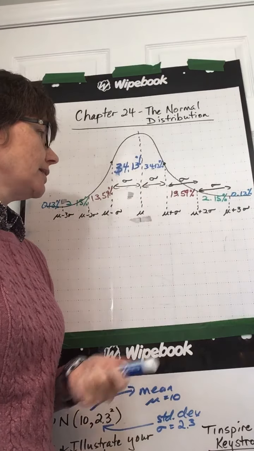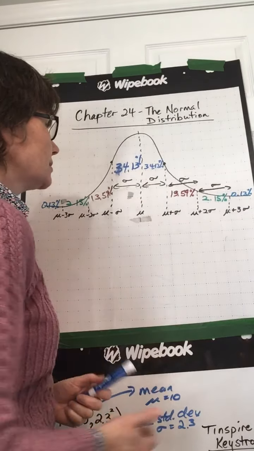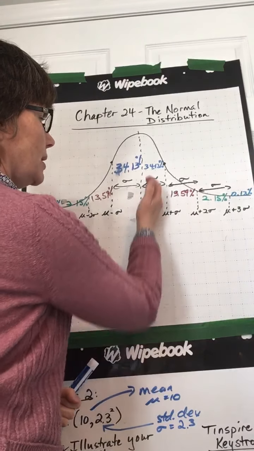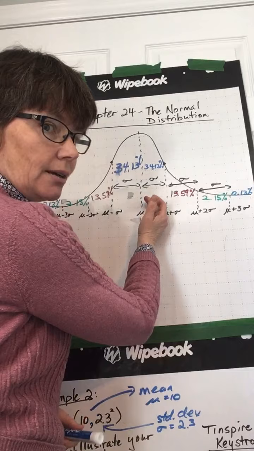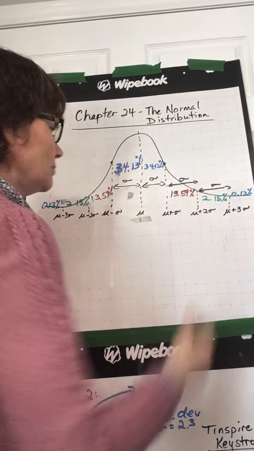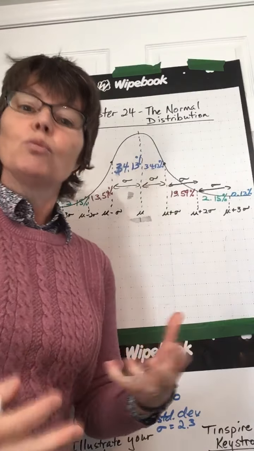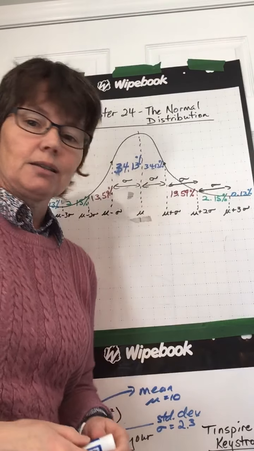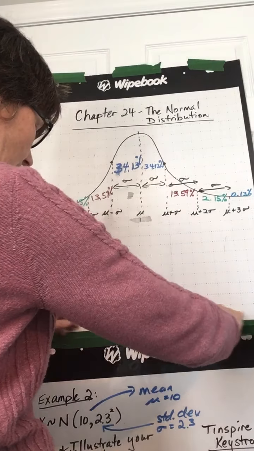If we want anything else in between, say the mean plus 0.3, and we don't know what the standard deviation is, then we're going to need another means of doing that, and the TI-Nspire calculator can help us with that.